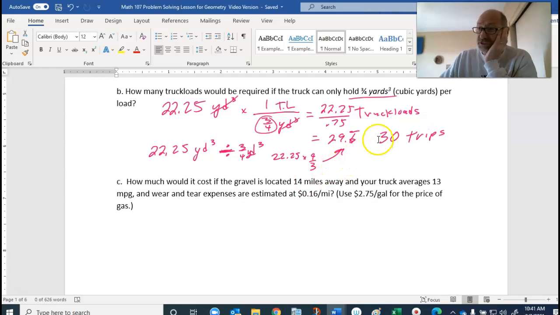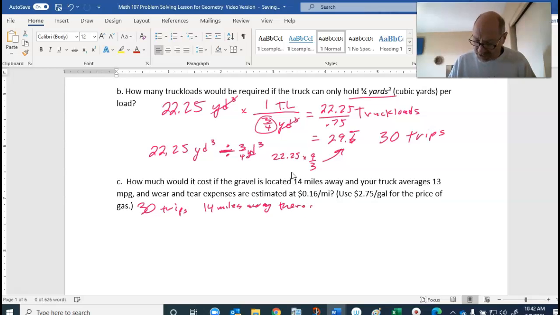You've got 30 trips. Now, that's 14 miles away, but we have to go there and back each trip. So a round trip is a 28-mile round trip.